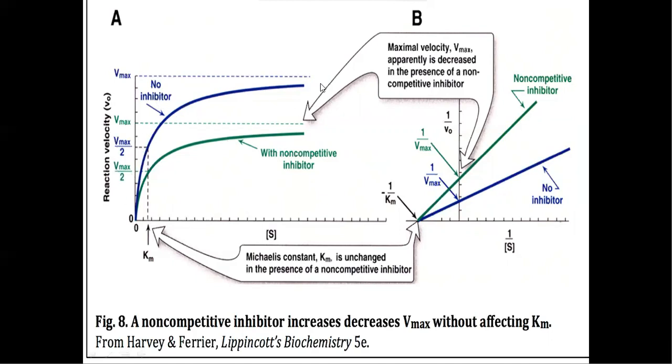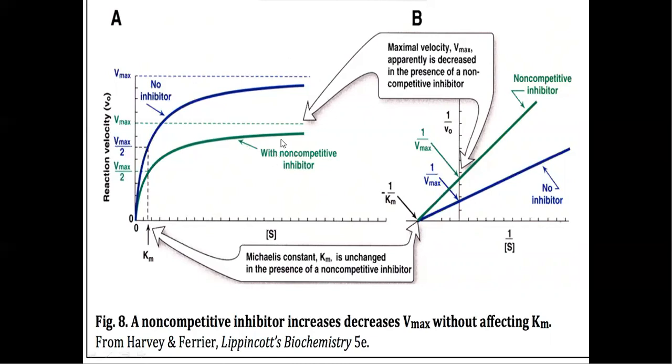So this blue line indicates the enzyme reaction without any inhibitors. And this green line represents non-competitive inhibitors. If you observe closely, the enzyme reaction and the non-competitive inhibitor have the same Km value and two different Vmax values.